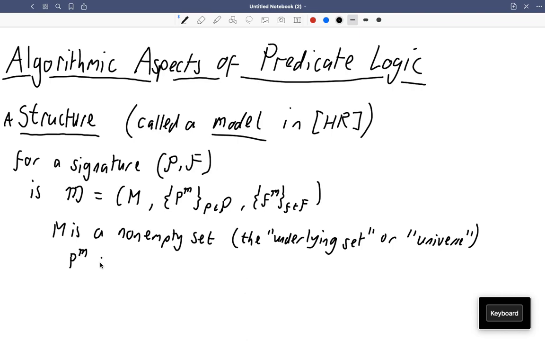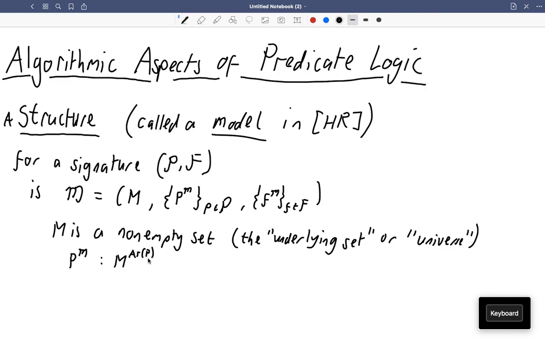And this is a function from the set of arity P tuples of M. So if the arity of P was 2, this would be M squared, the set of all ordered pairs of elements coming from M. If the arity of P was 1, it would be just the set of single elements coming from M, and so on.